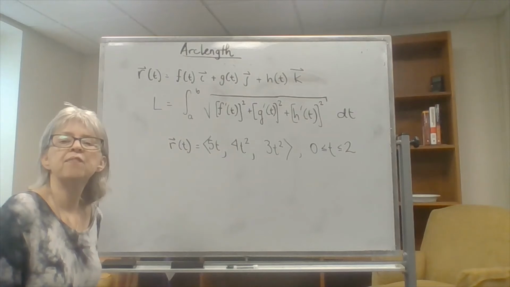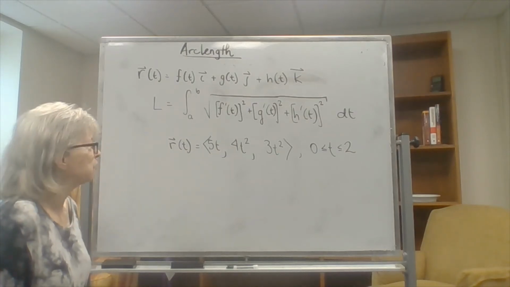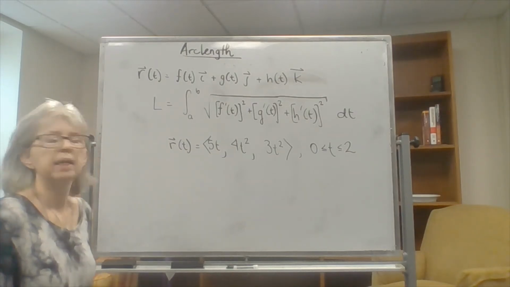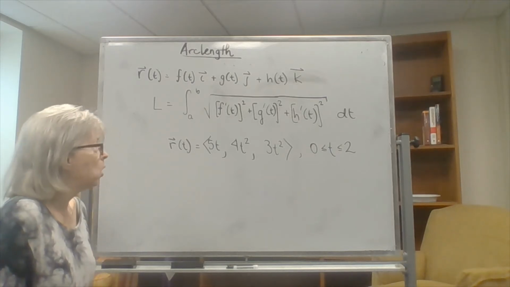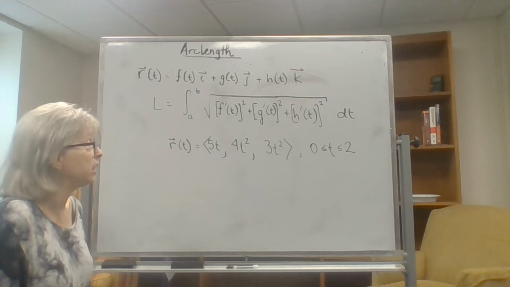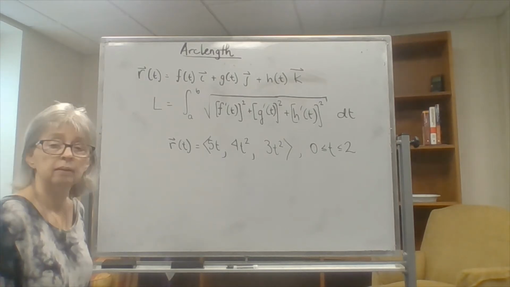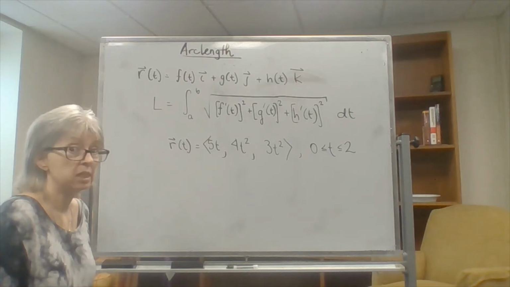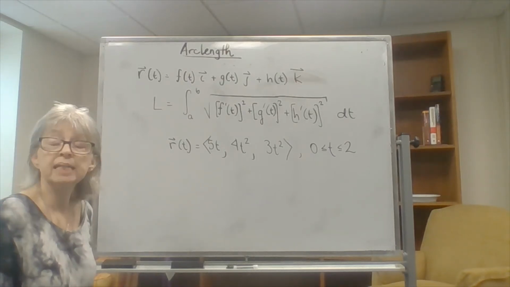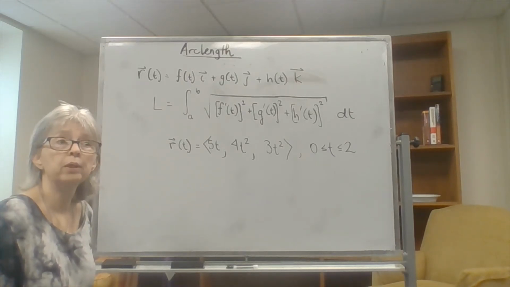All right, I want to find the length of the curve that is governed by this vector valued function. R of t is equal to 5t as the i component, 4t squared as the j component, and 3t squared as the k component.